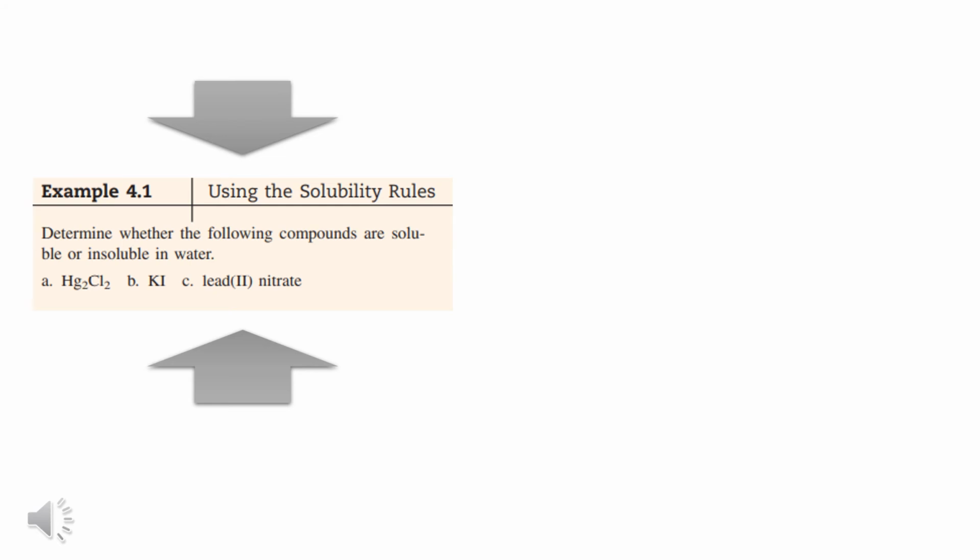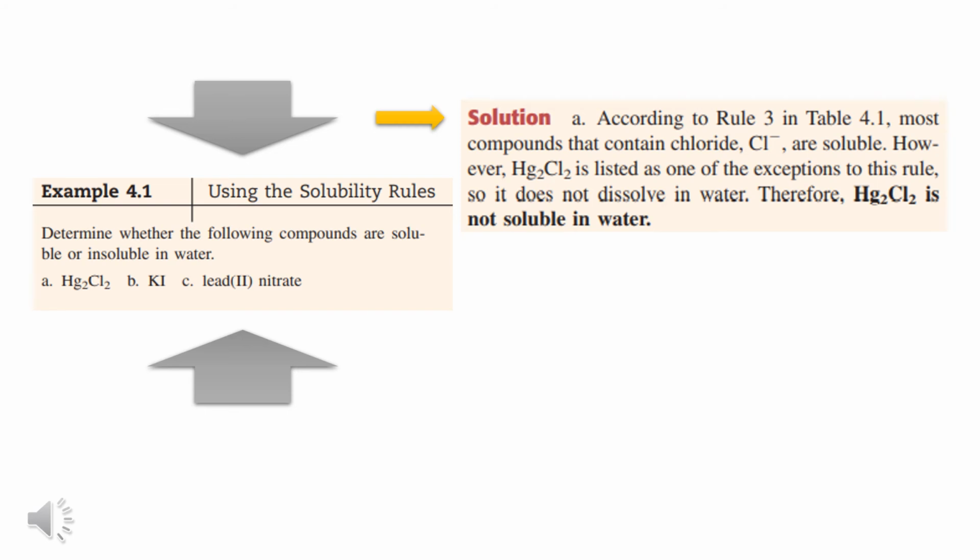So what we do here is we refer to the table that I have shown you earlier for the solubility rules of ionic compounds to see which compounds are soluble in water. The soluble ionic compounds are those that readily dissolve in water. And again, the insoluble compounds are those that hardly dissolve in water. So we have here letter A, mercury chloride.